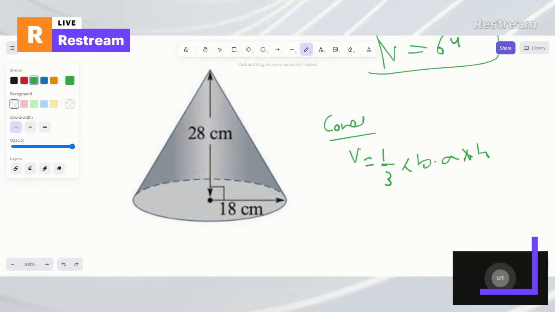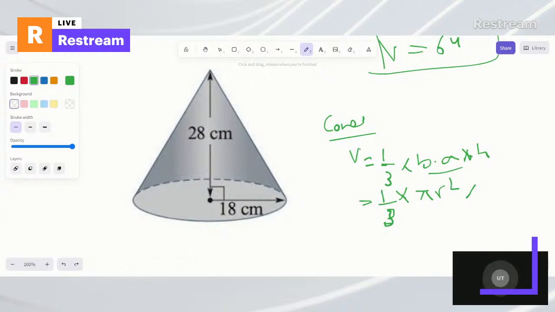That's the base formula. Now what's going to be the base area for a cone? Its base is a circle, nothing else but a circle, right? So it's going to be 1 over 3 times the area of a circle. We've learned in the past that the area of a circle is pi r squared, right? And now what's the area for the height?